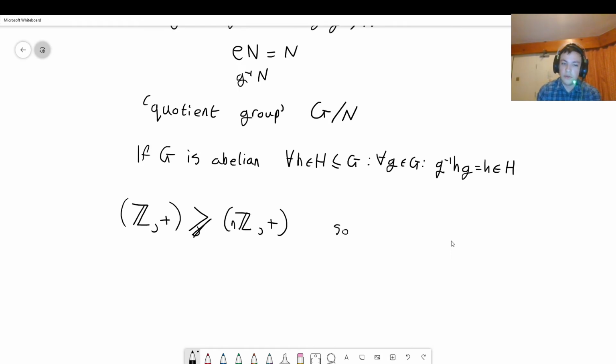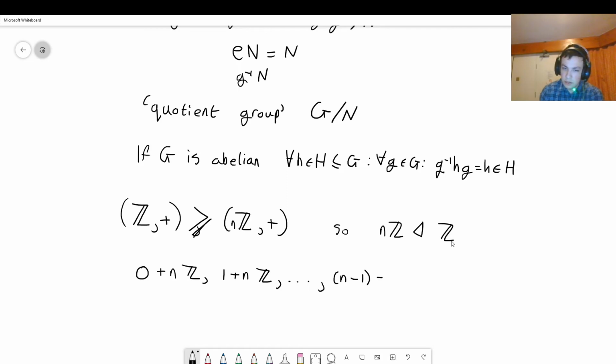Because Z is an abelian group, we must then have that nZ is a normal subgroup of Z. So we can take the cosets of that: 0 plus nZ, 1 plus nZ, and so on up to n minus 1 plus nZ, as n plus nZ is just equal to 0 plus nZ.